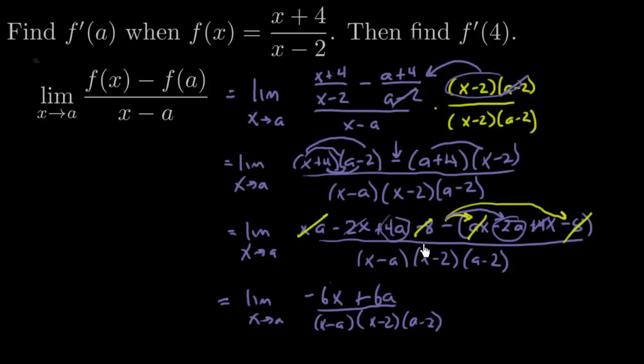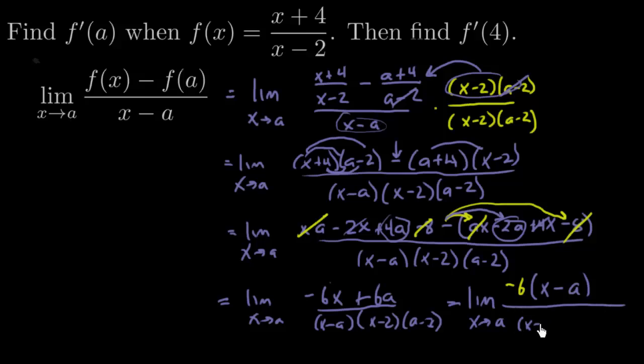Now you know you're on the right track. Again, the whole objective here is to get rid of this x minus a that's on the bottom. So we need a factor of x minus a from the top. The only way we're going to get that is to factor out a negative 6 from here. So factor out a negative 6, and that's going to leave us x minus a.